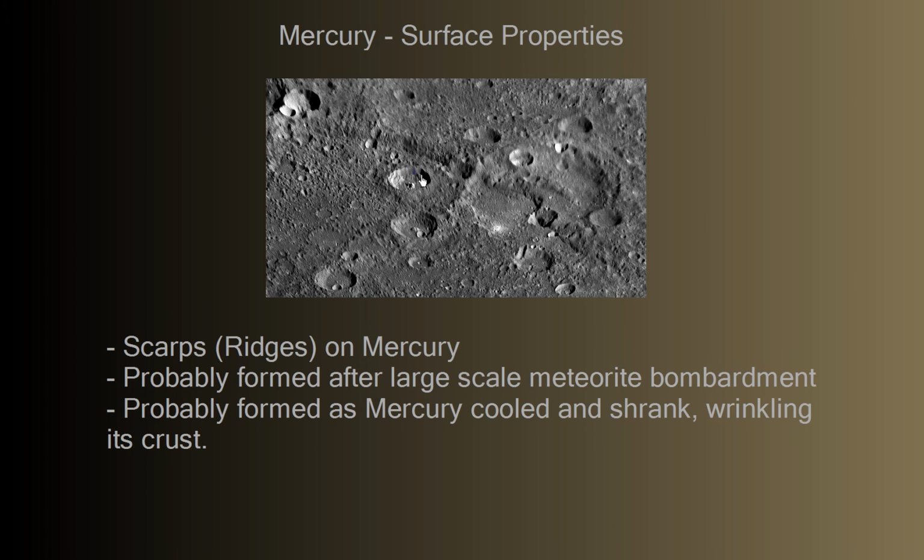Planets take a lot longer to cool than, say, a cup of coffee, because there's a lot more material, a lot more energy to lose in order to cool off, and so it just takes a lot longer. But the smaller the planet is, theoretically, the quicker it would cool, because it has less material to cool off. So anyway, that's one of the theories as to why these strange-looking phenomena happen on Mercury.